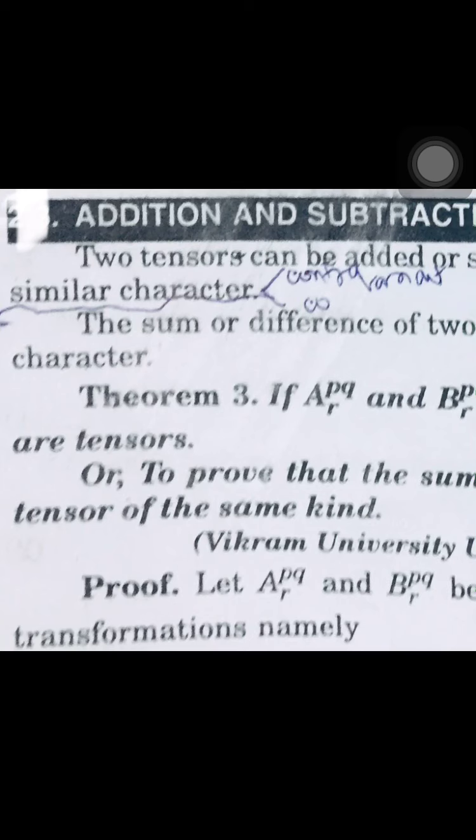So two mixed order tensors can be added, two contravariant tensors can be added or subtracted, and two covariant tensors of the same order can be added and subtracted. So this is the basic property: for addition and subtraction we need tensors of the same order and the same or similar character. Only in such cases can we add them.